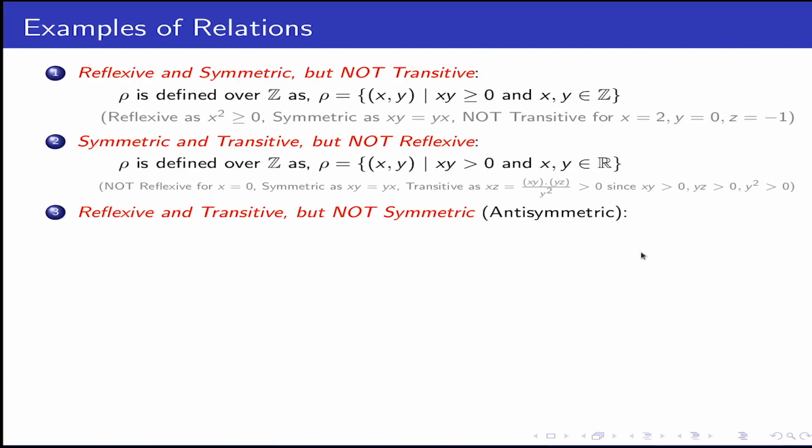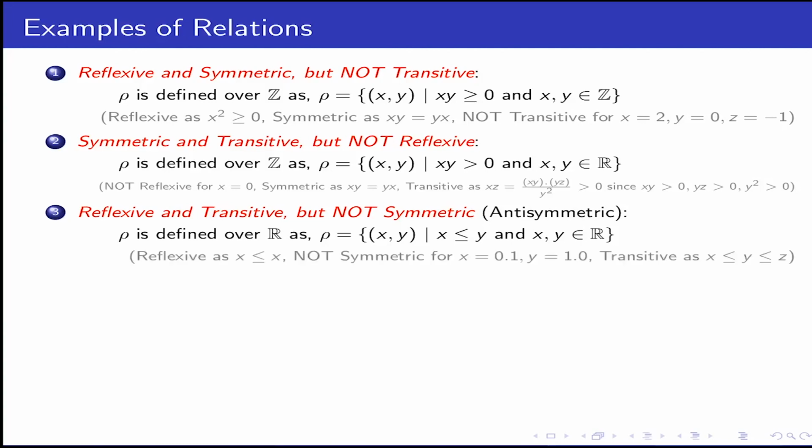Reflexive and transitive but not symmetric, and you will see that you have to give such an example which also follows that it is anti-symmetric but not symmetric. Here we go. If we say less than or equal to relation, it is reflexive because x is less than or equal to x, definitely true.